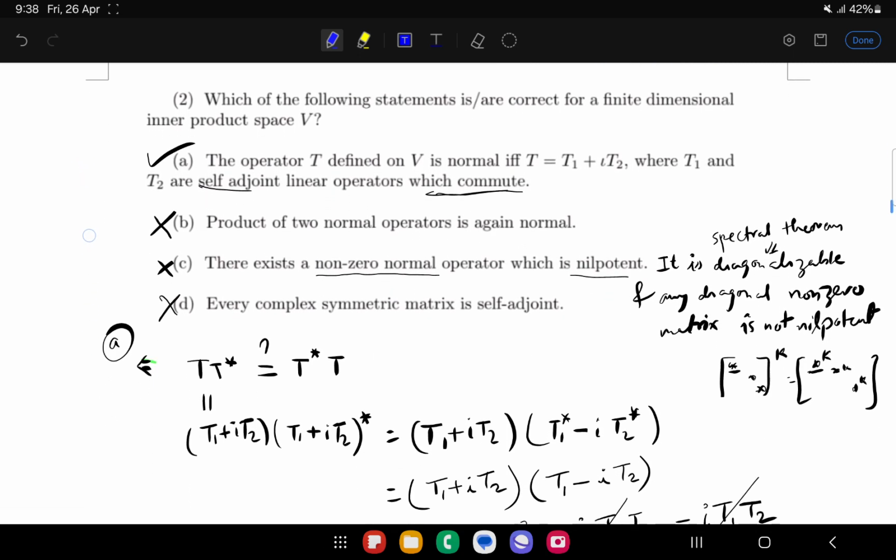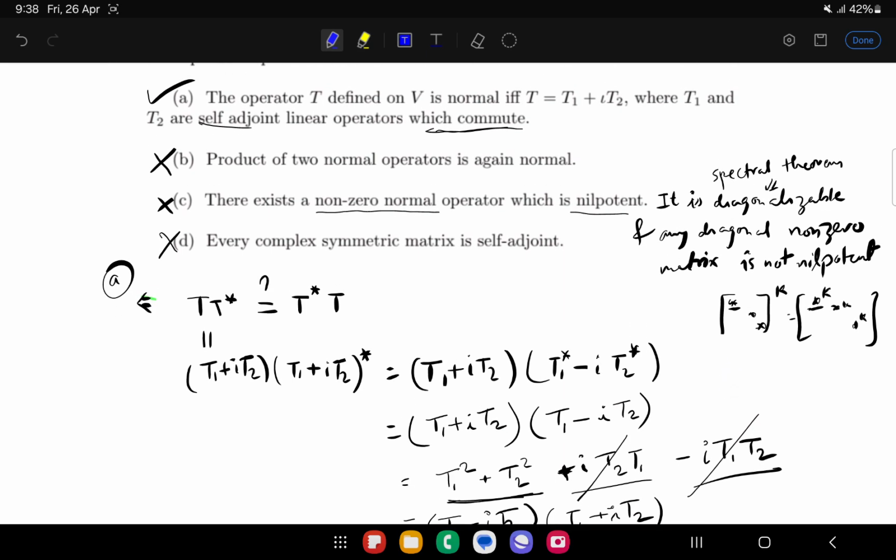Let's see the second question. Which of the following statements are correct for a finite dimensional inner product space V? T defined on V is normal if and only if T has such a factorization T1 plus i T2, where T1, T2 are self-adjoint linear operators which commute.